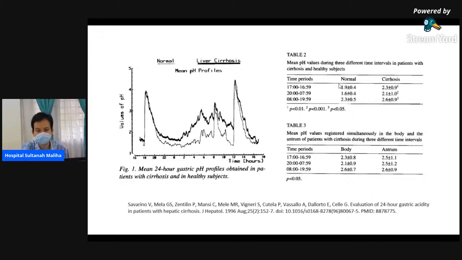But mind you, there was a previous very old study in 1996 where they tried to extract the gastric profiles of healthy subjects and those with cirrhosis. They found that those with cirrhosis, in the bold line as you can see here, generally had a higher mean pH as compared with healthy subjects.